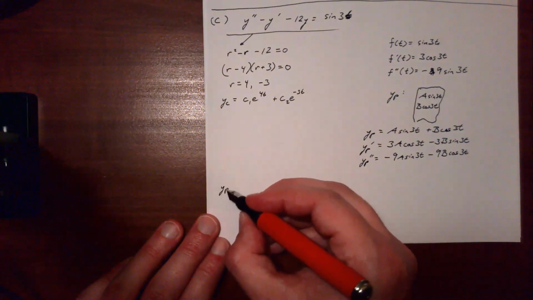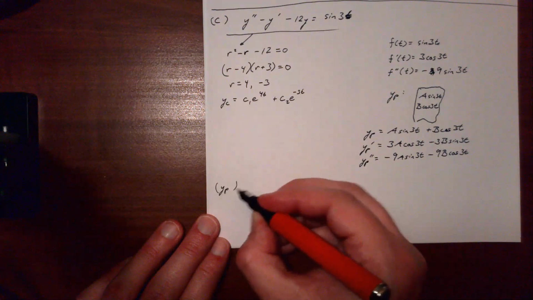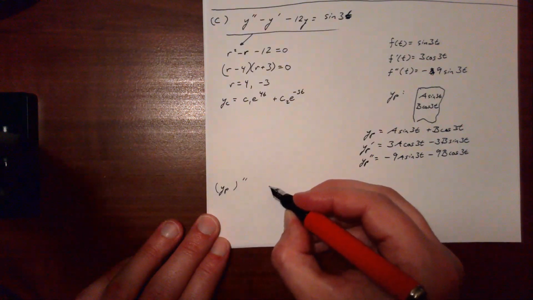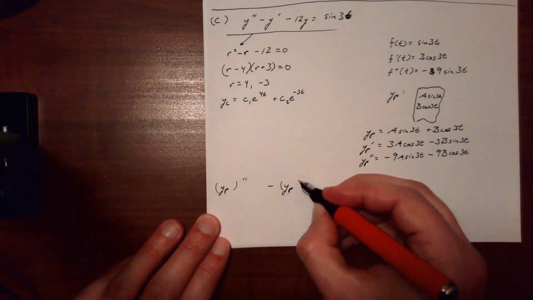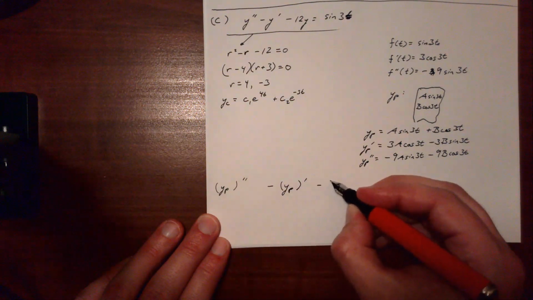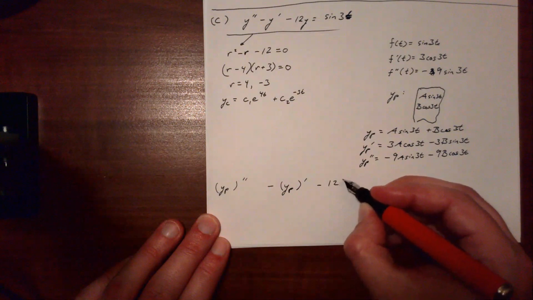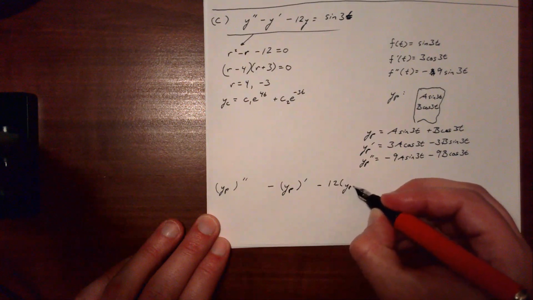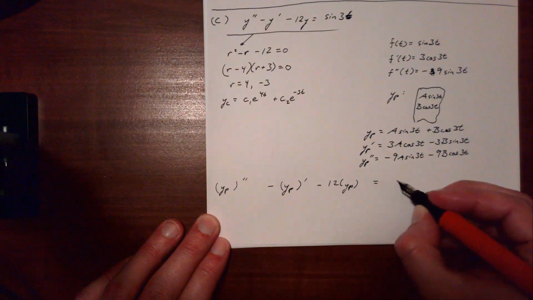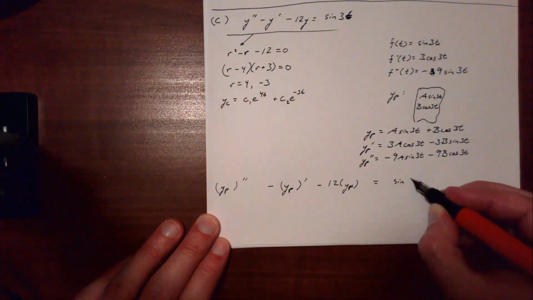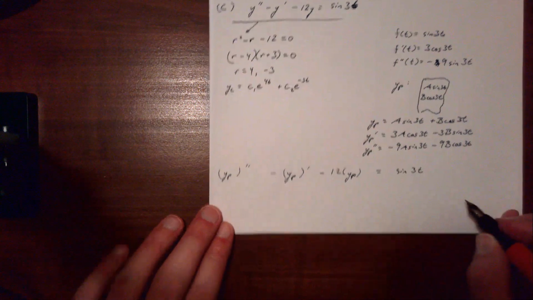So yp double prime minus yp prime minus 12 yp is supposed to equal sine 3t.